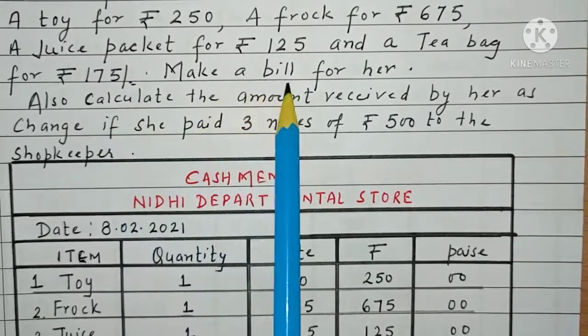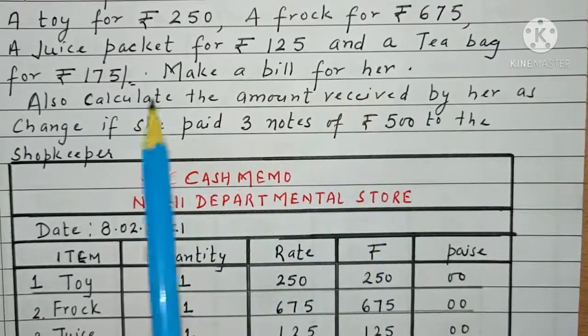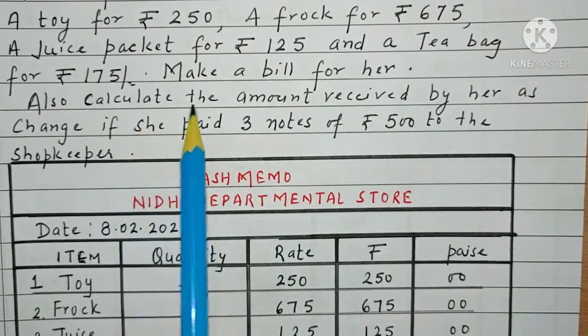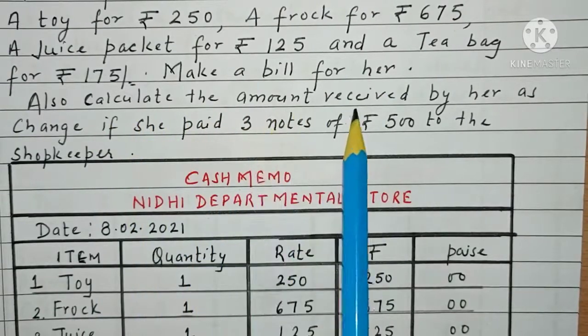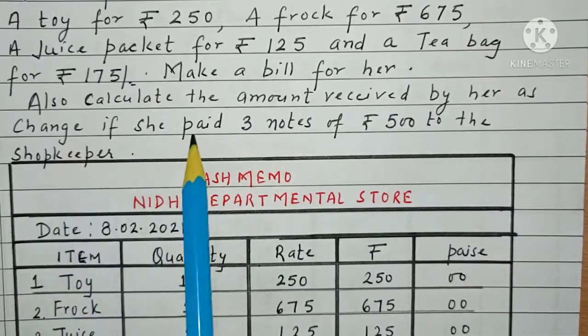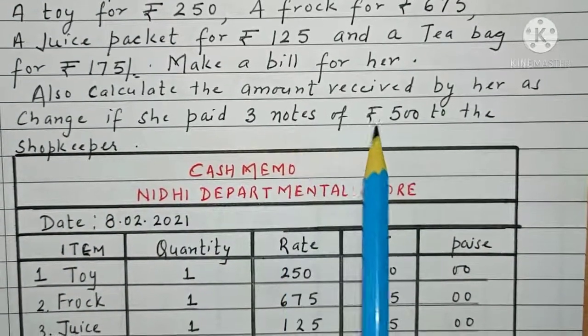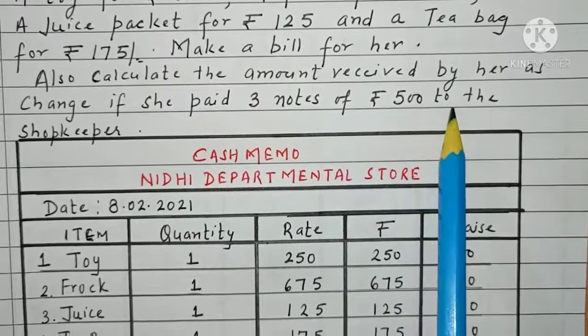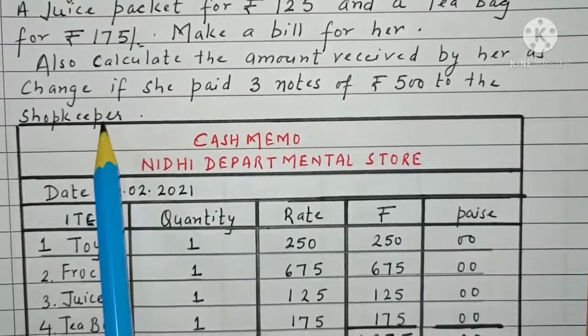Make a bill for her. Also, calculate the amount received by her as change if she paid 3 notes of rupees 500 to the shopkeeper.